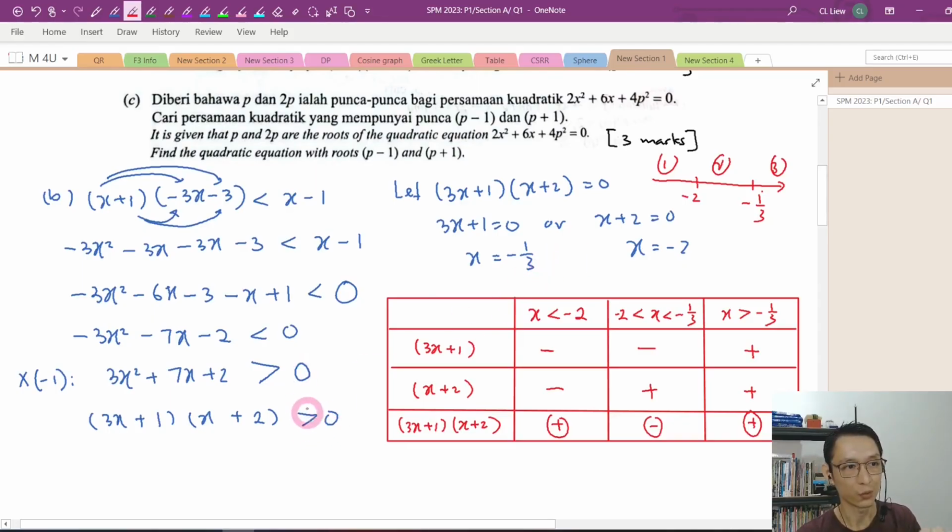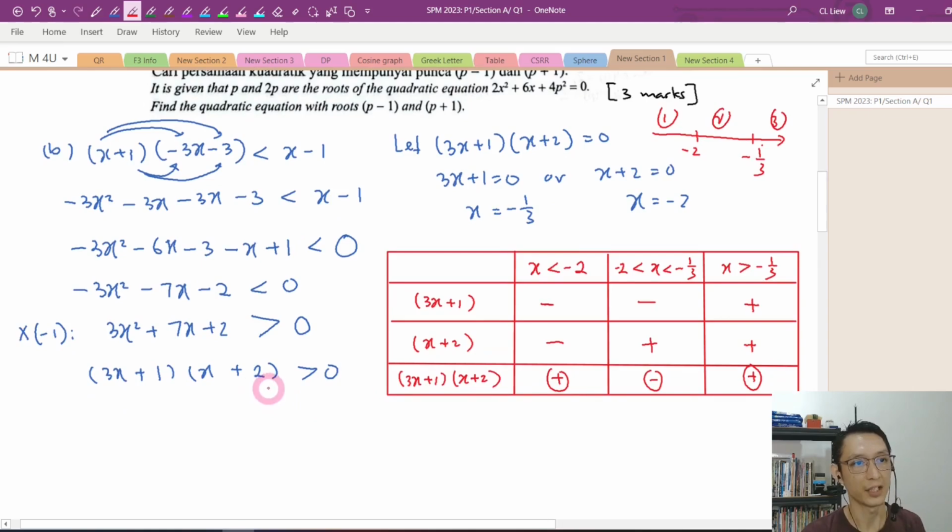We want the last one, greater than 0, not less than 0. Because just now we multiplied the inequality by negative 1, so we need to flip over the inequality sign. So be careful here. Use this one, not this one. We want positive. So our answer will be x is less than negative 2 or x is greater than negative 1/3.